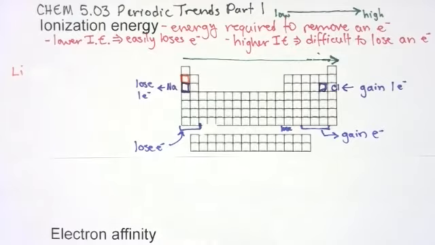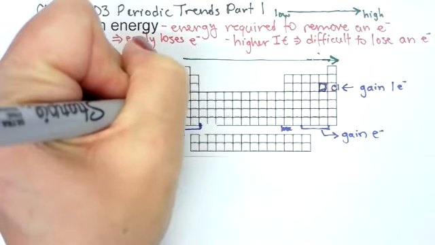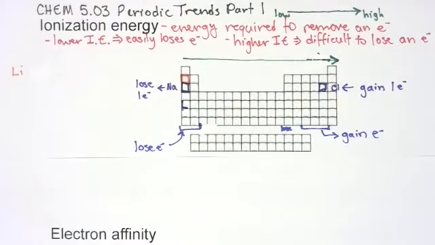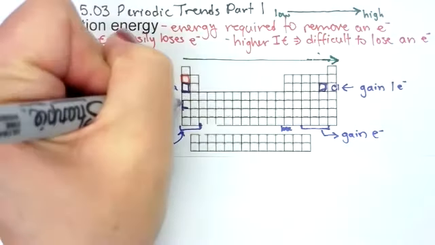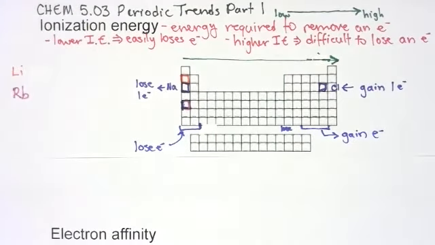And let's do rubidium in a different color. All right, so that's going to be rubidium. I'm going to let you pause the video, and I'd like you to write out the electron configuration for lithium, and for rubidium.